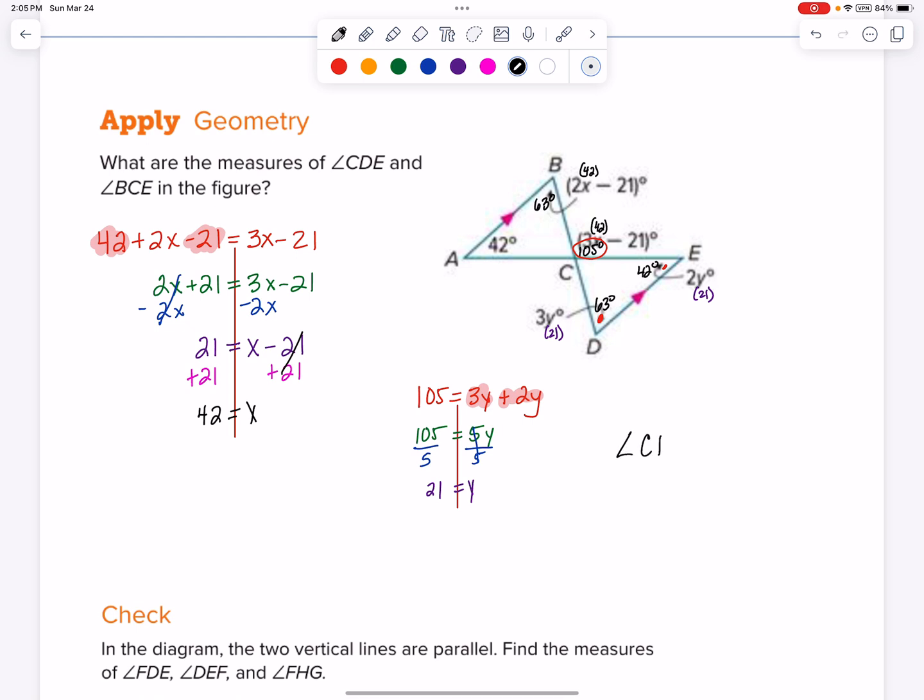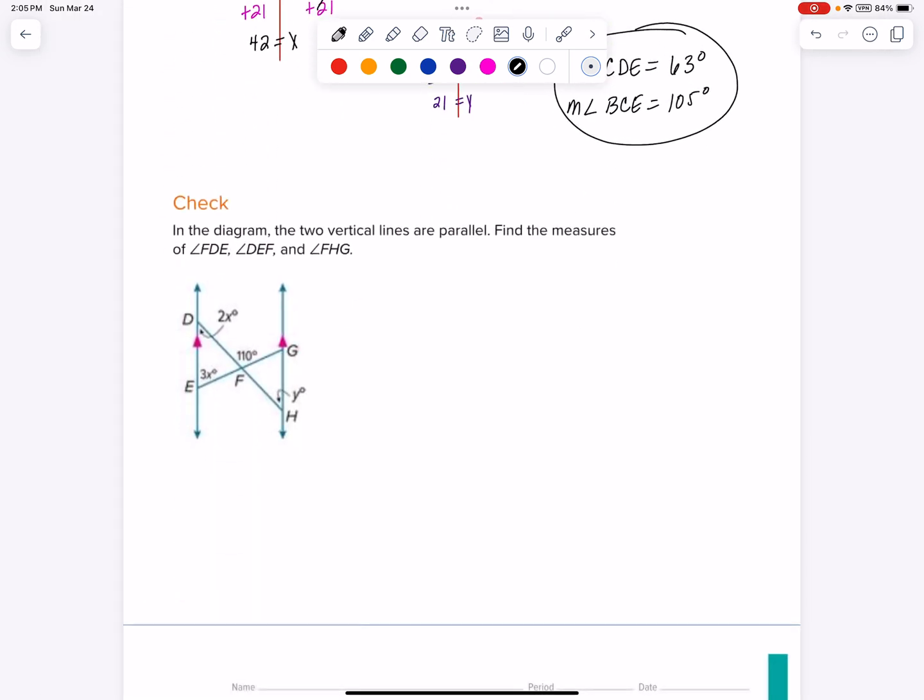Angle CDE equals 63 degrees, and the measurement of angle BCE equals 105 degrees. I was just trying to find it there. So there's your answers. All right, there you go.